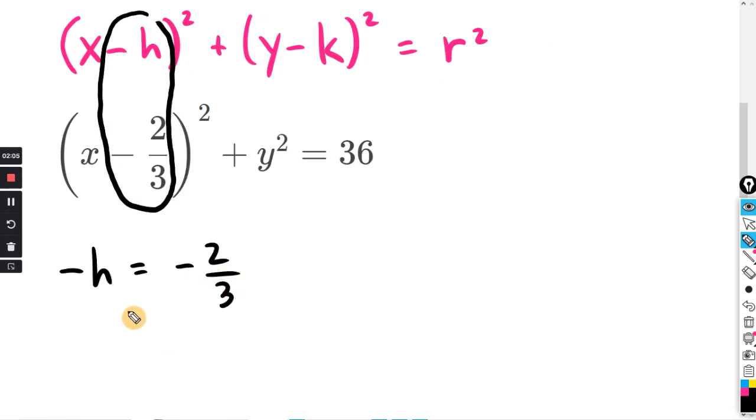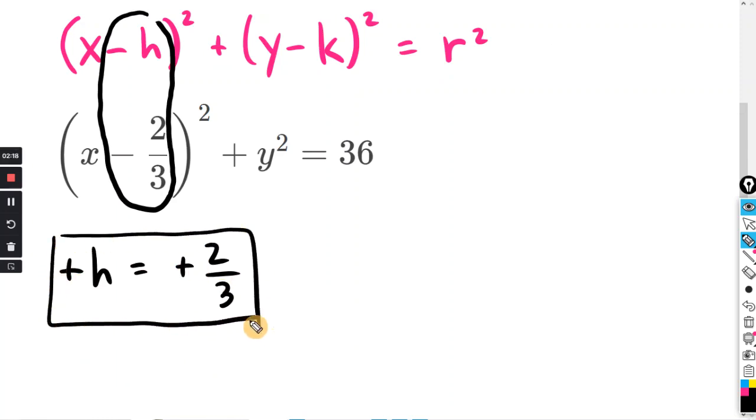All right, and in order to solve for h, just multiply both sides by -1. That will change the sign on both sides of the equation. Okay, so h is 2/3. Now, do you have to go through that process each time? No, you do not. You can simply look at what number is right here and change the plus minus sign, and you'll have the value for h.